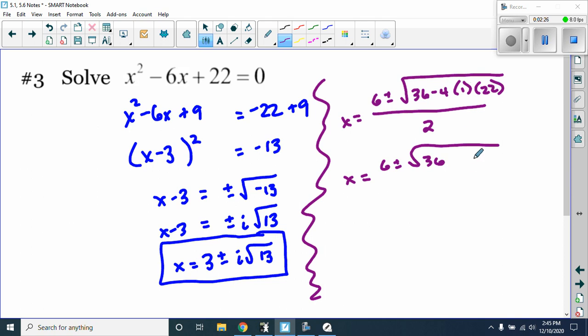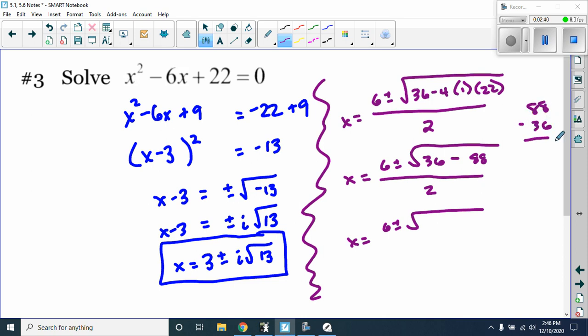Four times 1 times 22 is 88. 36 minus 88 is -52.